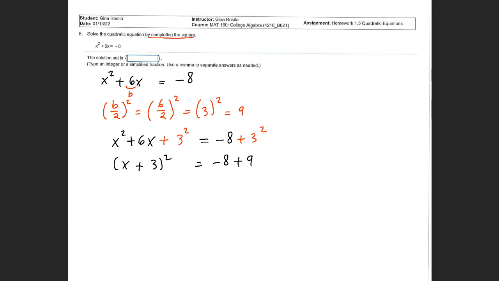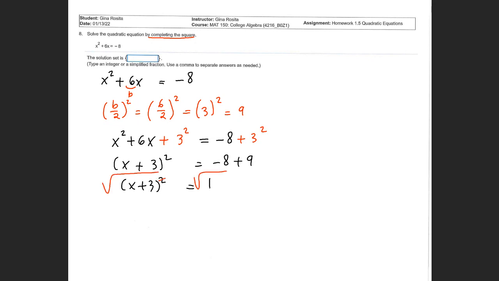So what next? Just solve it now. x plus 3 squared equal negative 8 plus 9, which is 1. Now go to the next one. We have to square root both sides.